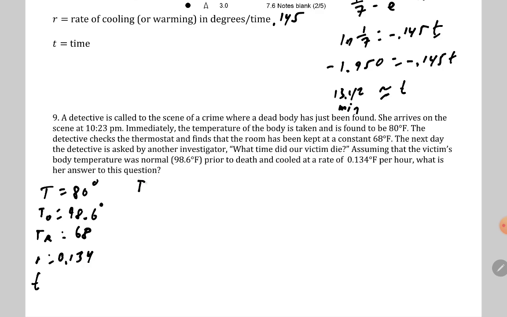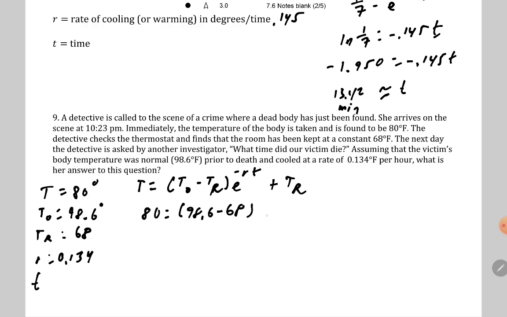So we have the formula T equals T initial temperature minus room temperature e to the negative RT plus room temperature. So 80 degrees equals 98.6 minus 68 e to the negative 0.134 t plus 68.